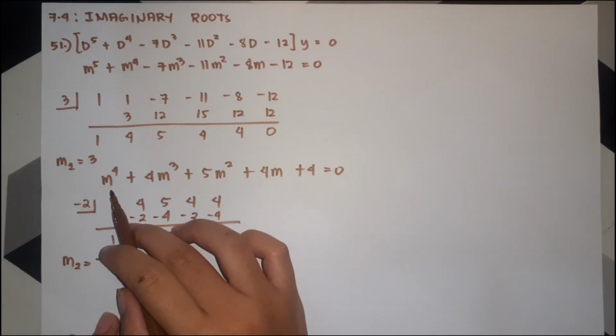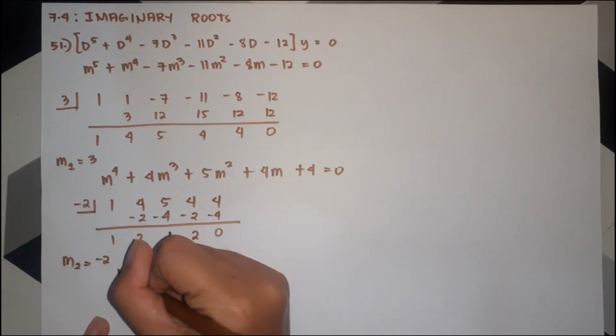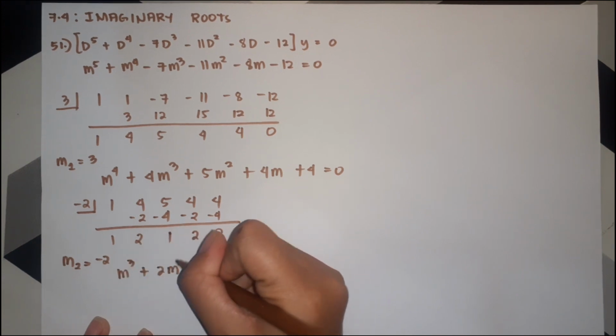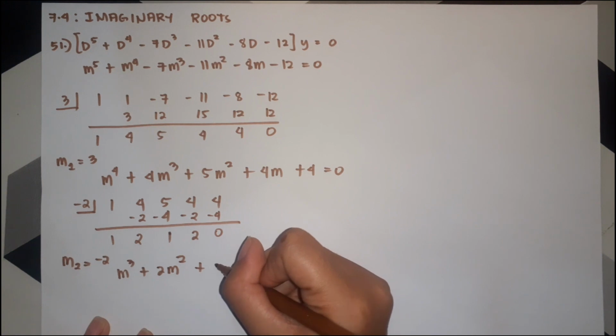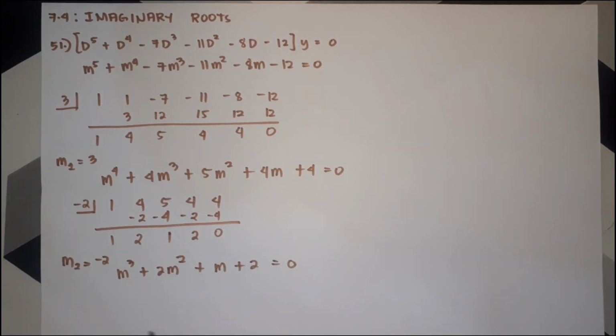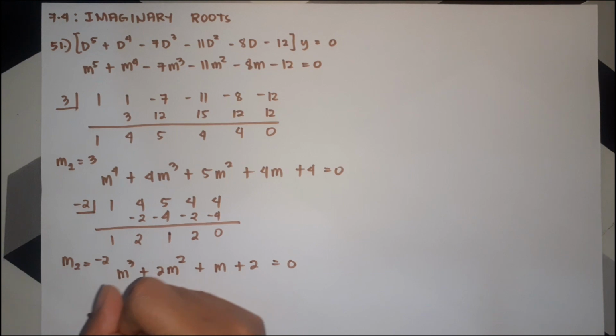And then again, we will reduce the exponent. So this will be m cubed plus 2m squared plus m plus 2 is equal to 0. And we will use synthetic division again: 1, 2, 1, 2. We will try to use negative 2 again.